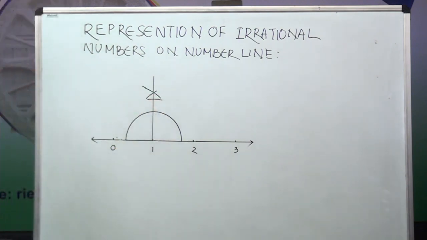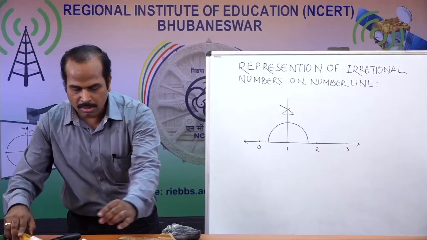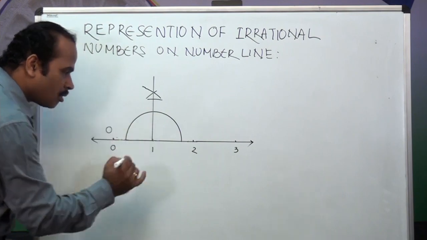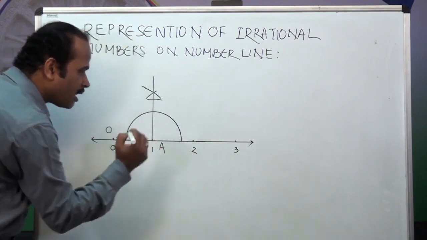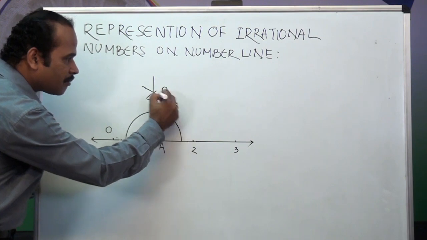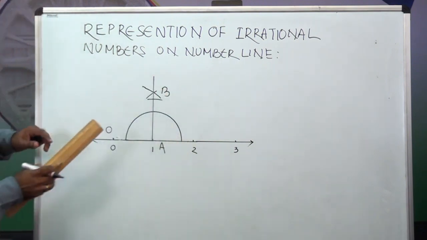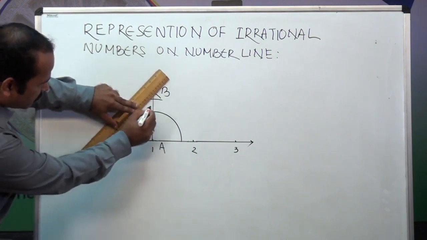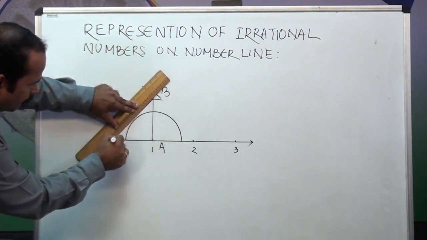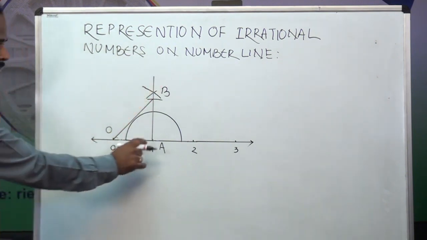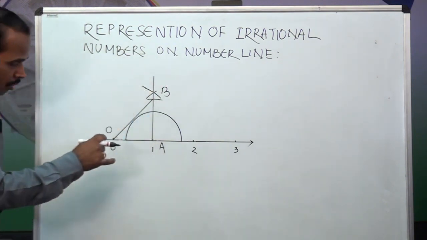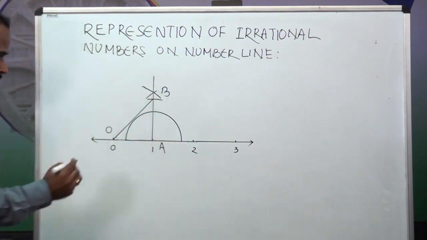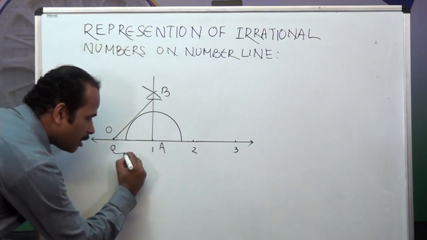Now let me give the names: this 0 point I will take as O, this point I will select as A, and let me take this point as B. Now I will join this O and B. By joining this O and B, I find a right angle triangle OAB.